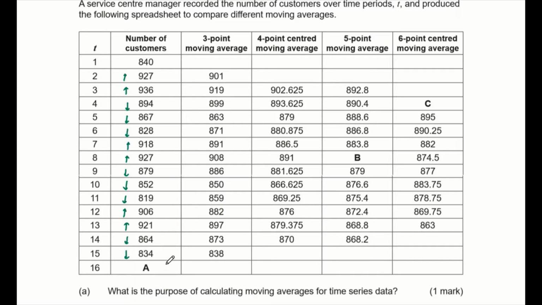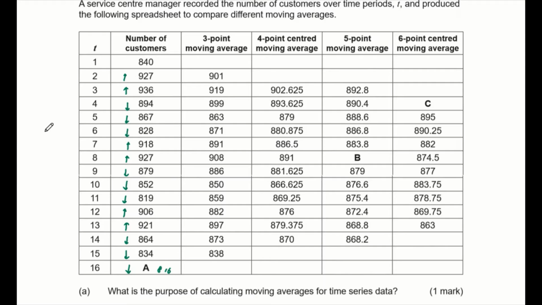Since our A here is 816, that's why it's a decrease. After you write down the pattern, you can find out that the change is always the same: 2 increases, then 3 decreases, 2 increases, 3 decreases, 2 increases, and 3 decreases. So in this case, you are going to have a 5-point cycle.